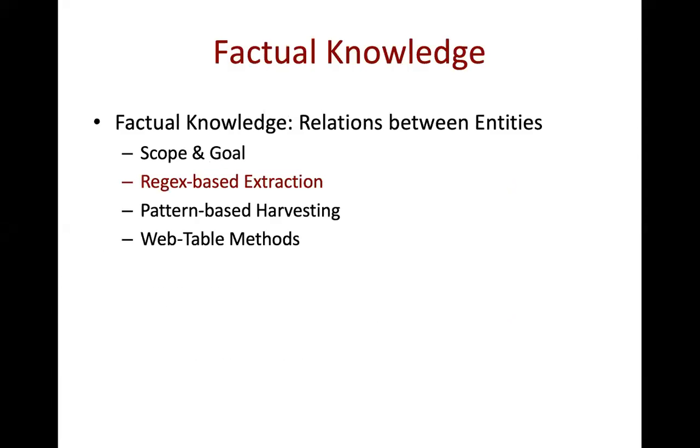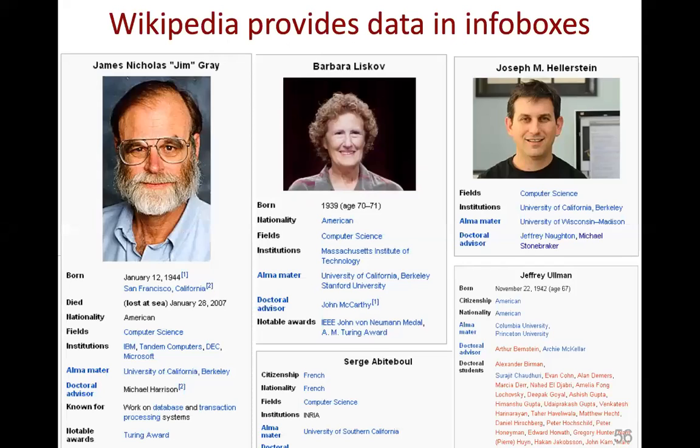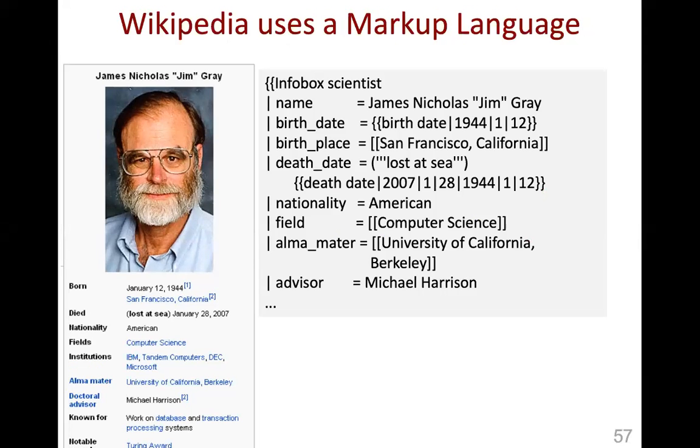So basically, it's another type of data we can get. We can also extract based on regex, right, regular expressions. So there is data in infoboxes inside Wikipedia, so it's pretty much like structured data. If you look into how it gets defined in the Wikipedia language, that's quite structured data. You can see this.